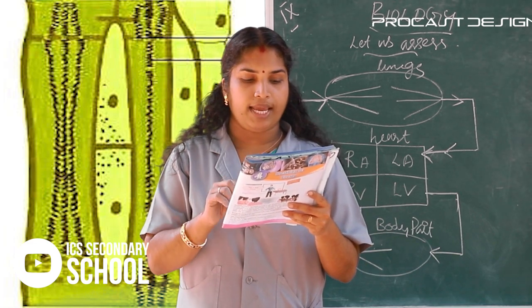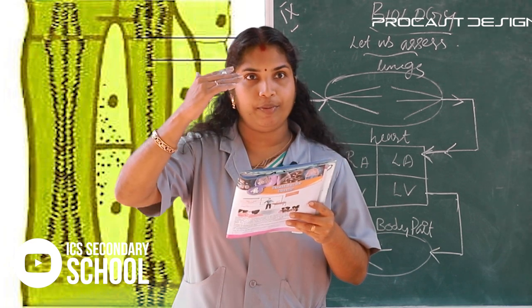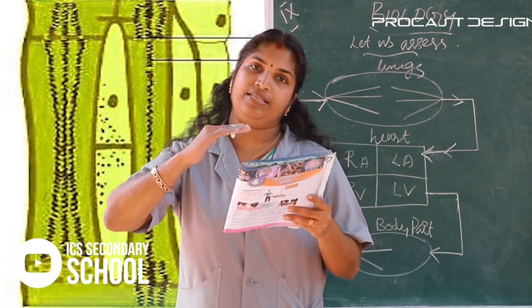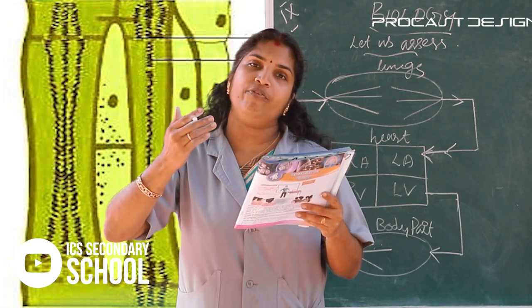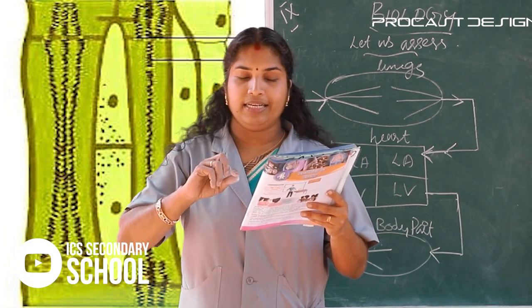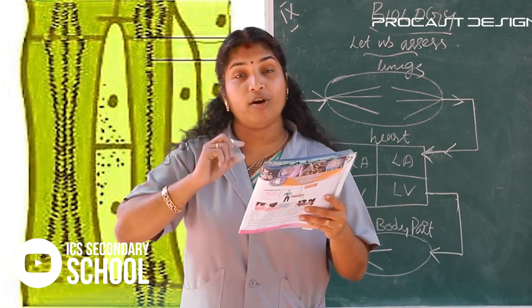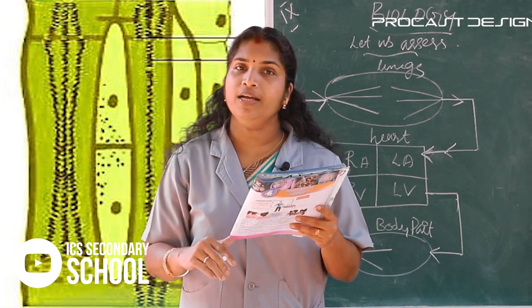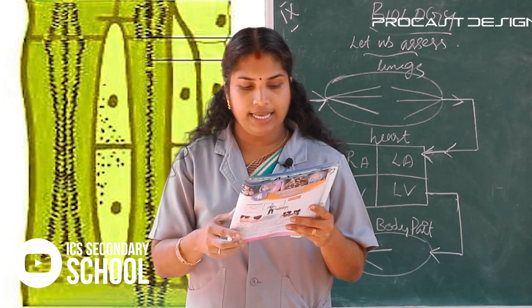Downward movement means from the leaves to different parts, and upward movement means from the roots in the soil to the top of the tree. So A is the xylem and B is the phloem.